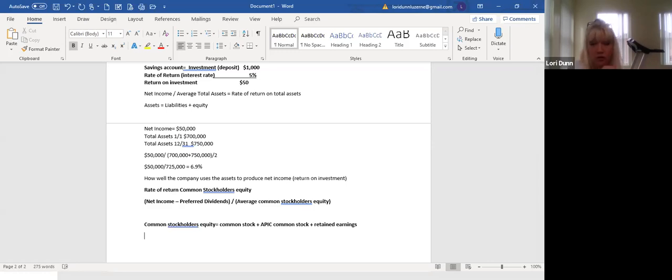So you would include all of those items in your denominator. So I'm just going to say the common stockholders' equity for this company at the beginning of the year was $350,000, and at the end of the year was $400,000.